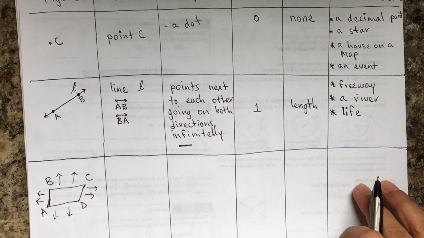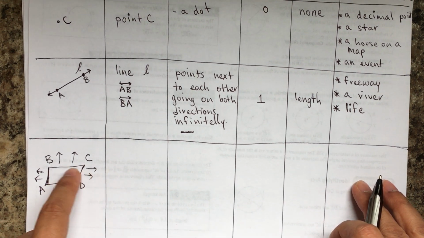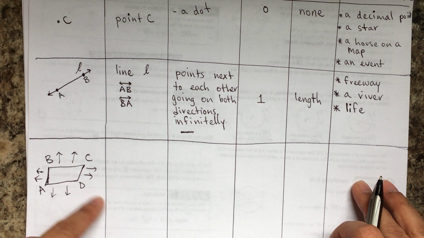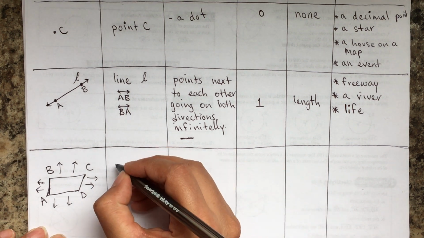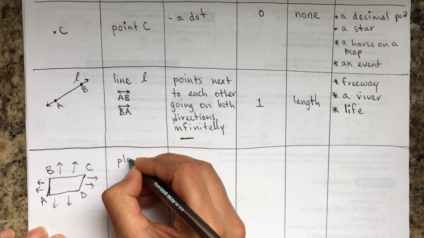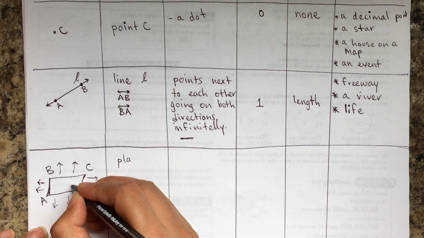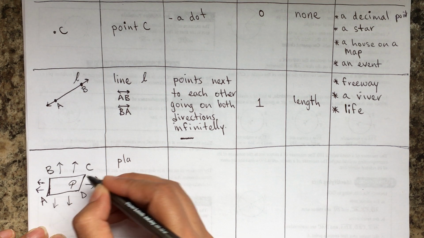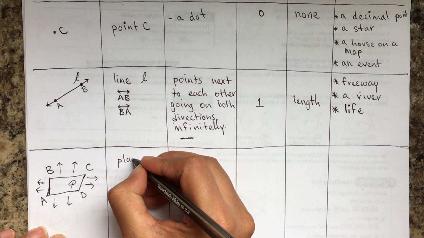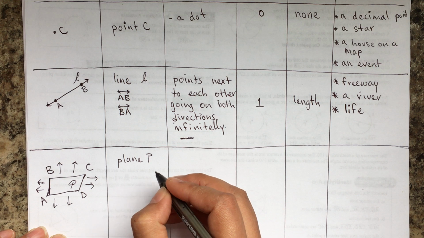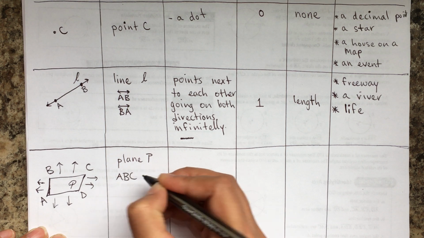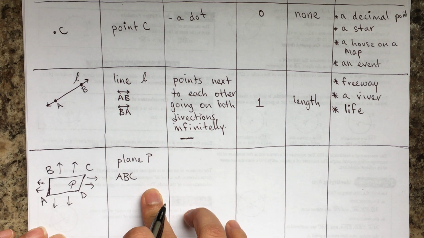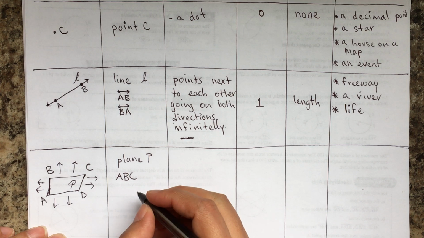But we can say that this goes in all different directions. So we can call it plane, or let me put in here maybe something like this, plane P, or we can call it plane ABC with 3 letters. It means plane ABC.